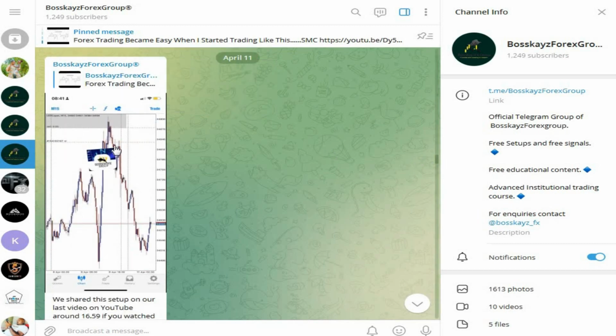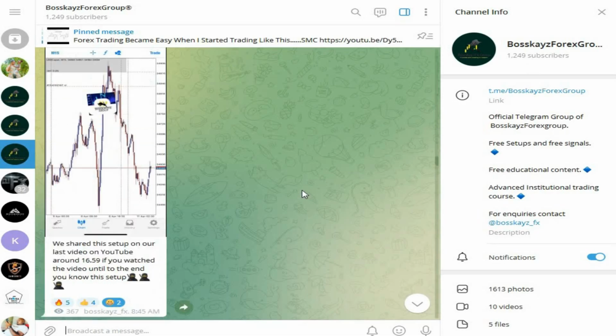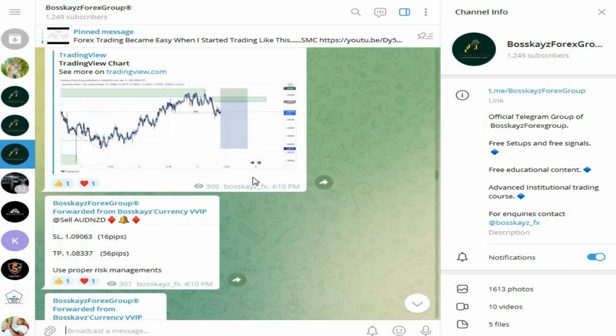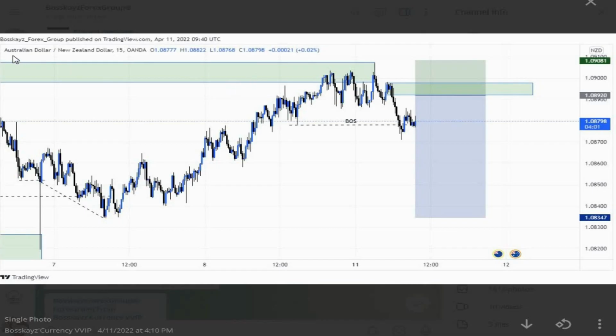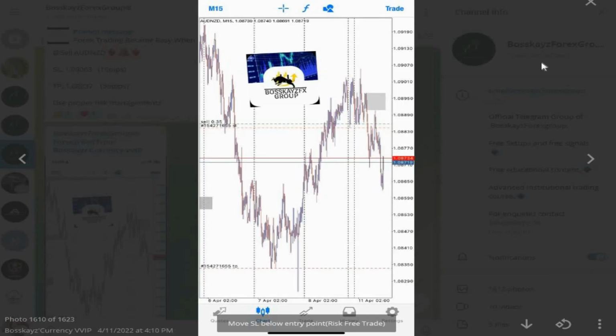So as you can see, guys, this is our trade which we took there, and this is our entry point. And let us show you some of the trades which we took. As you can see, AD and ZD, we're looking for shorts around this zone, and this was the signal and the trade right there.